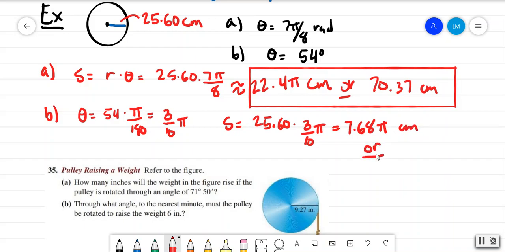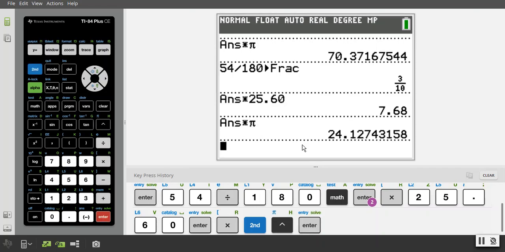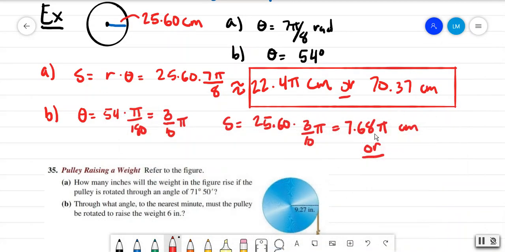Or you can give an approximation, and notice that I'm using the stored pi, not the estimated pi. That's going to be 24.13 if we round to the second decimal place.